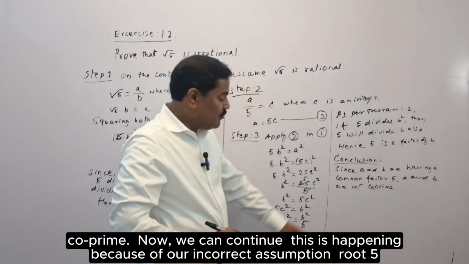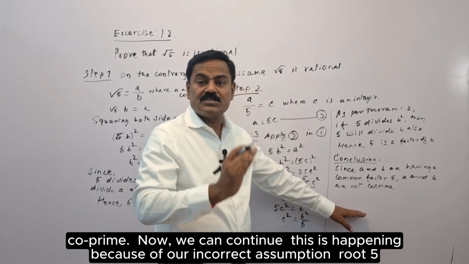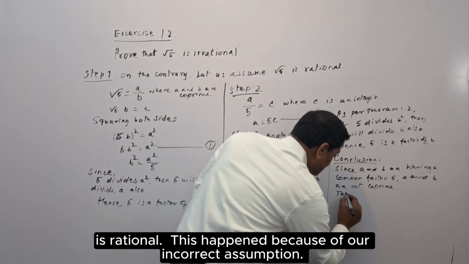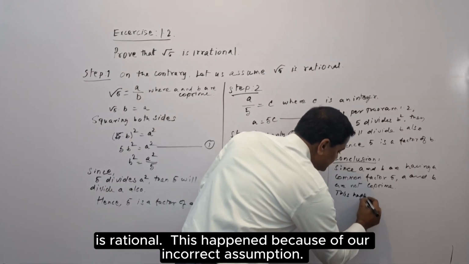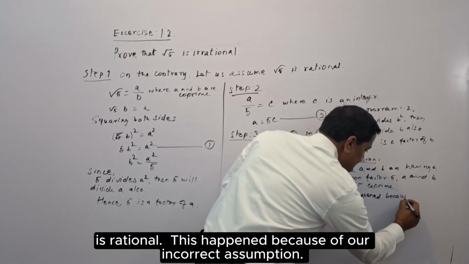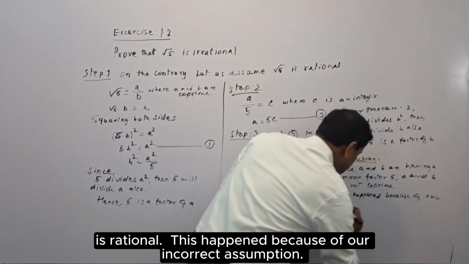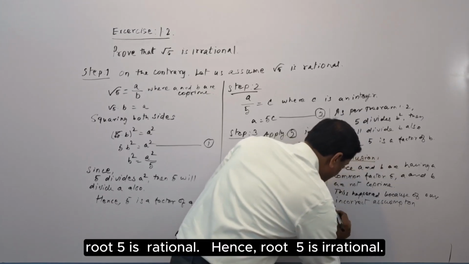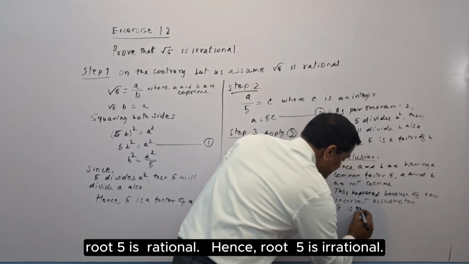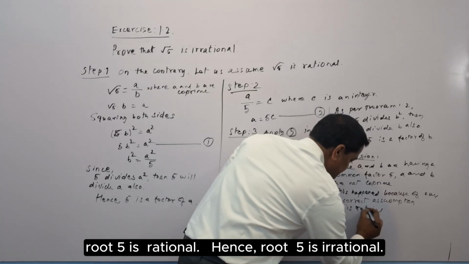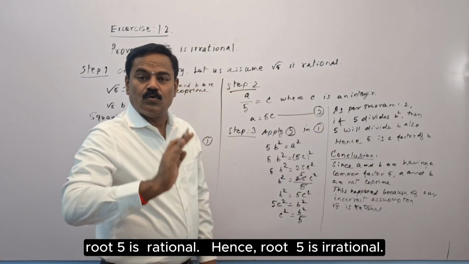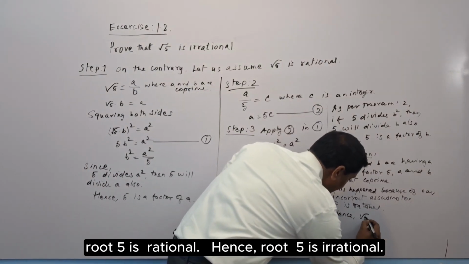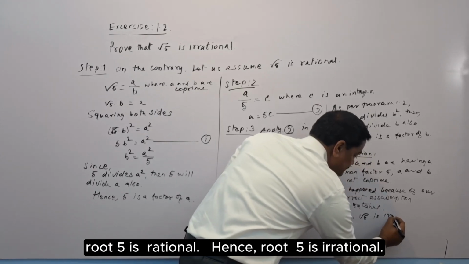This is happening because of our incorrect assumption that root 5 is rational. Hence, root 5 is irrational.